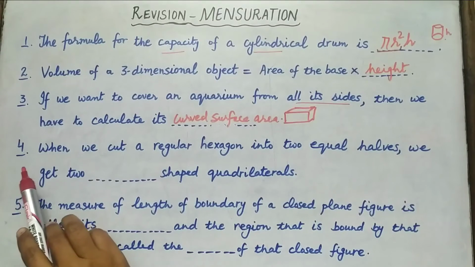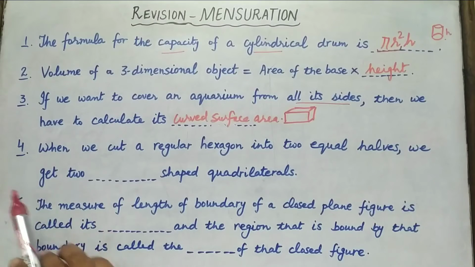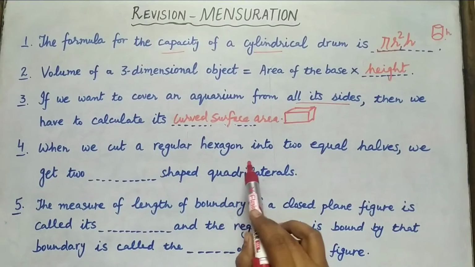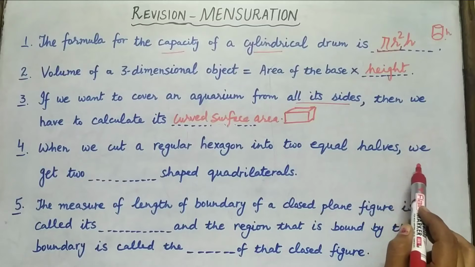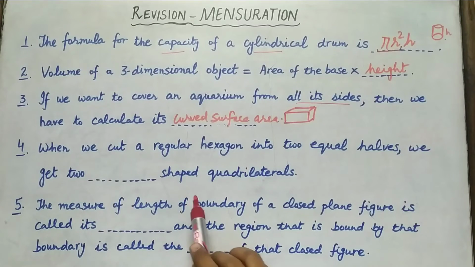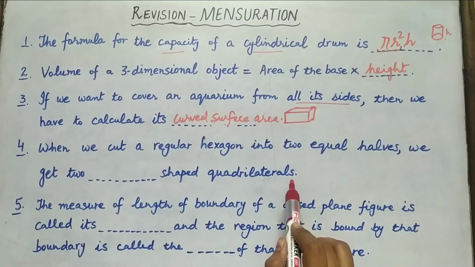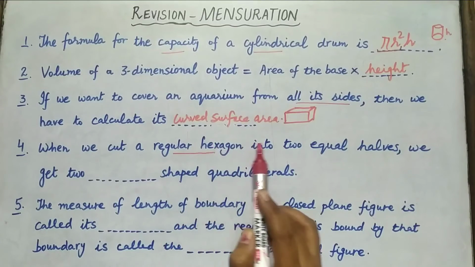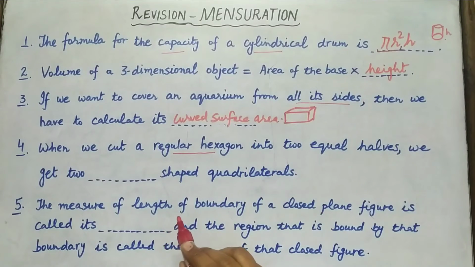The next question, number 4. When we cut a regular hexagon into 2 equal halves, we get 2 dash-shaped quadrilaterals. Here, a regular hexagon is in the question.